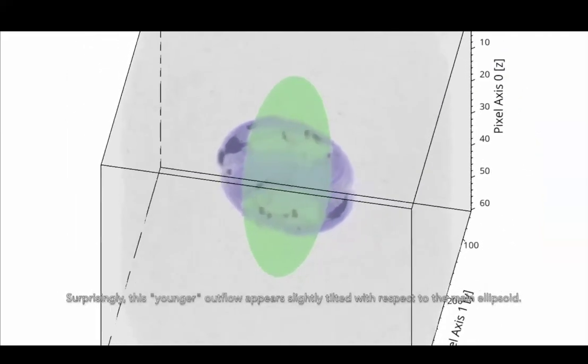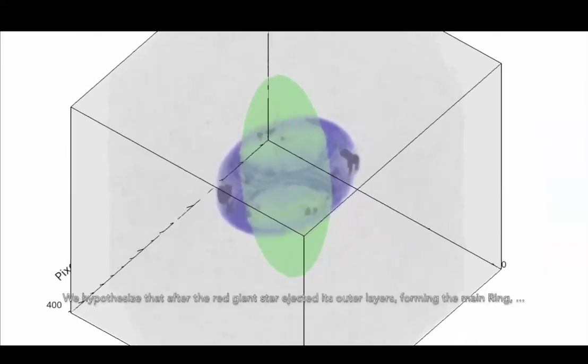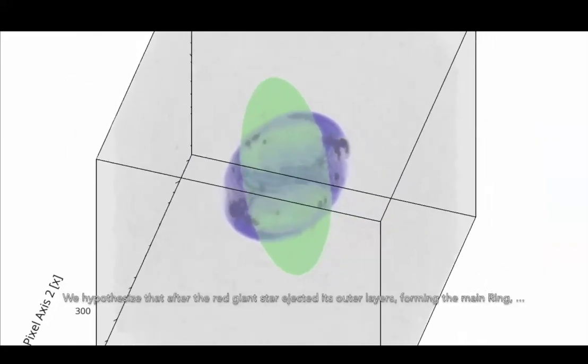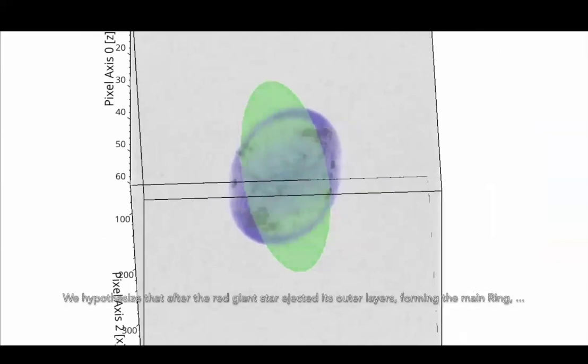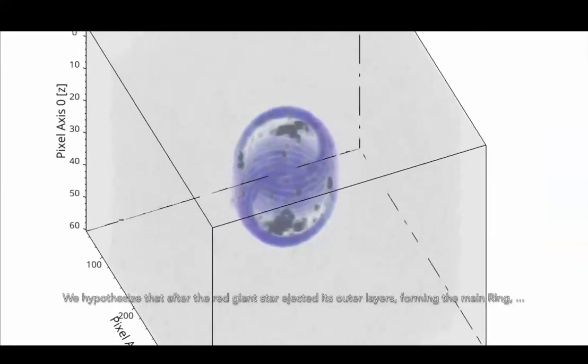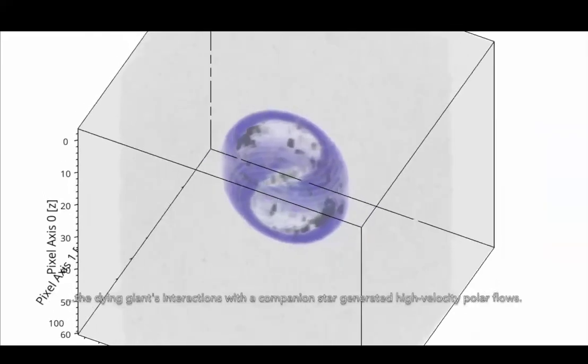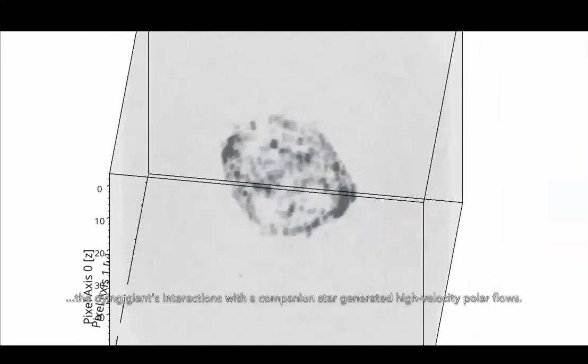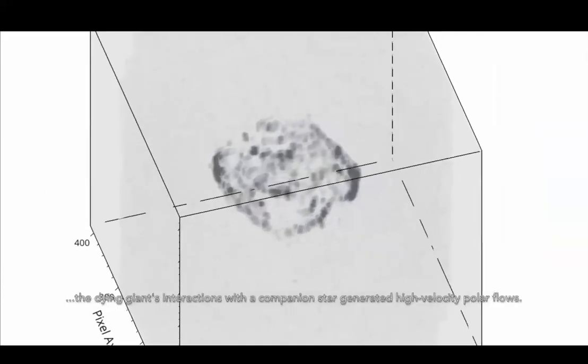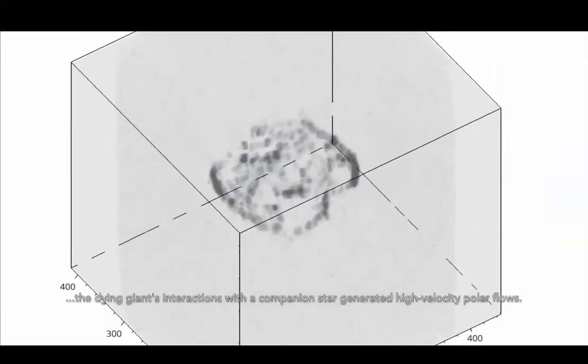It's also tilted with respect to the triaxial ellipsoid. All of that's pretty hard to explain unless there's at least two stars. So the red giant star ejected its outer layers, forming the main ring, and probably interactions with a companion star have generated high velocity flows that are coming out the poles.